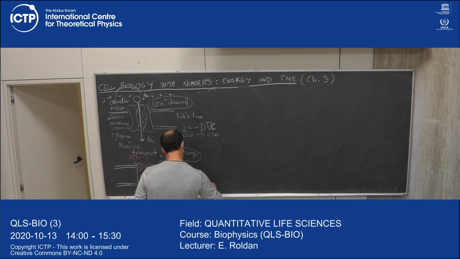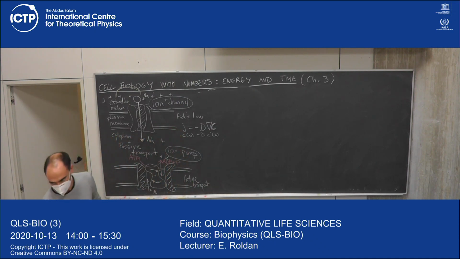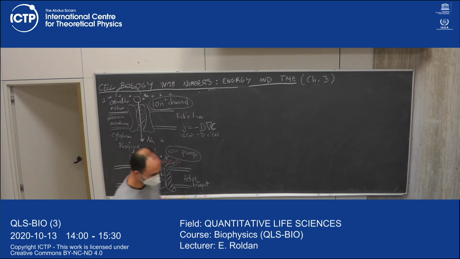Of course, the physics governing active transport is more difficult than Fick's law. This is just for you to see that in biology there are more complicated mechanisms of transport than just pure diffusion. This is just a motivation.